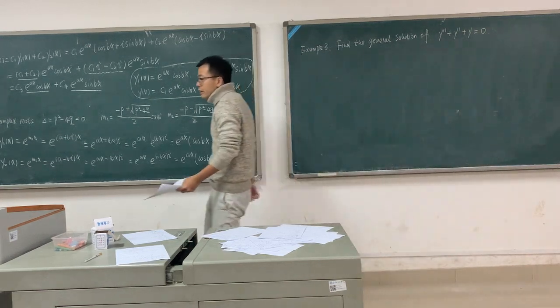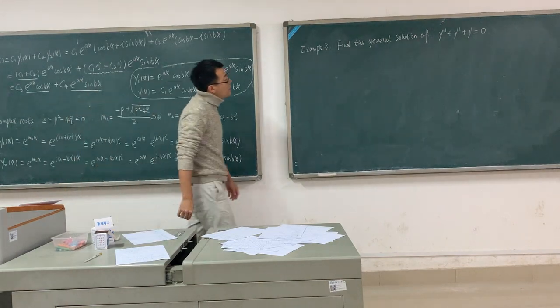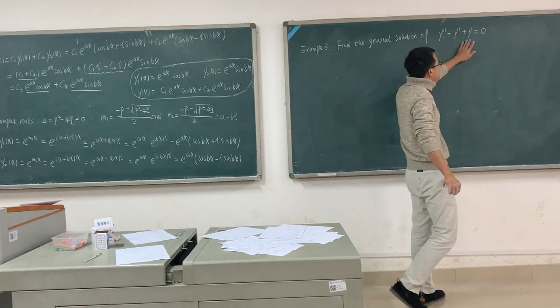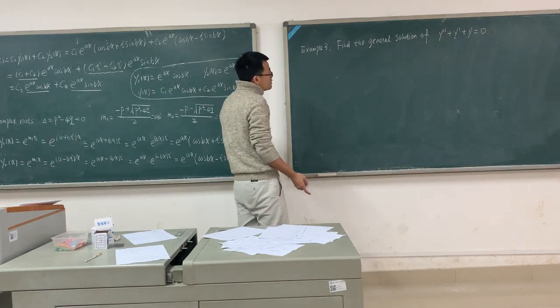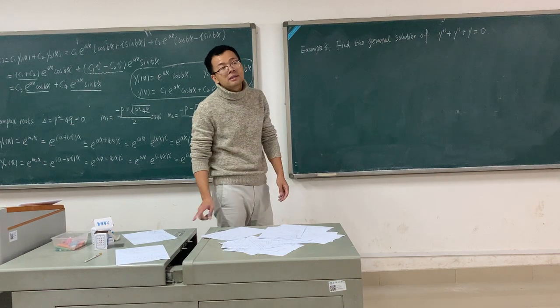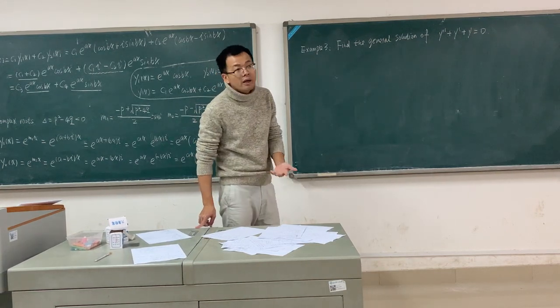Here, find the general solution of y double prime plus y prime plus y equal to 0. The first step is you must write the auxiliary equation.